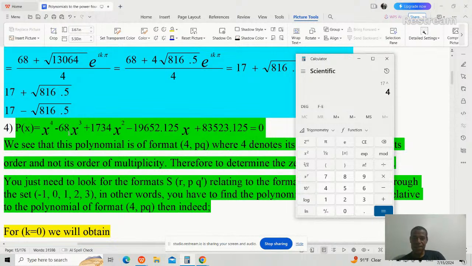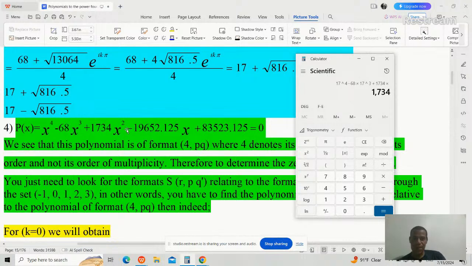minus 68 times 17 raised to the power 3, plus 1,734 times 17 squared, because x is squared.